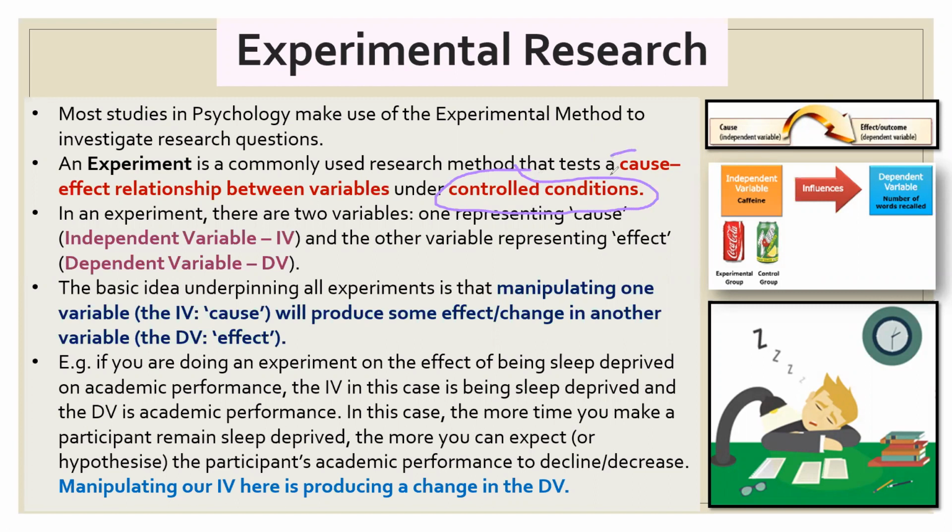And experiments are always assessing a cause-effect relationship between 2 variables. Those variables are usually the IV and the DV. And we said that the cause in cause-effect represents the IV, the effect in cause-effect represents the DV, okay? That's the basic idea.